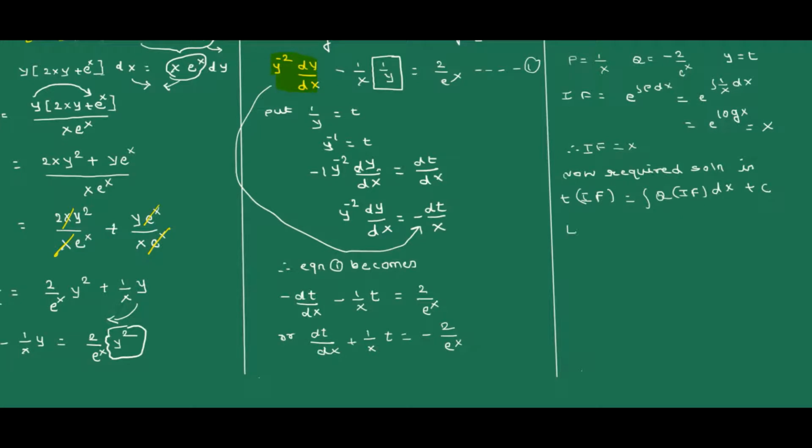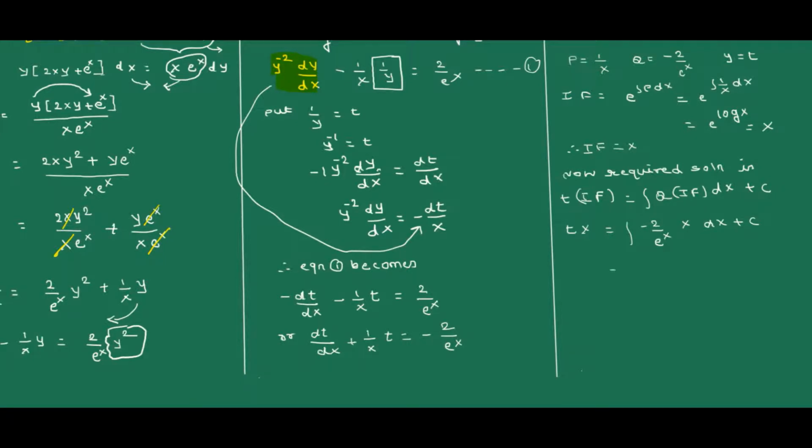That is t into integrating factor value x is equal to integration of, what is the q value? Q value is minus 2 divided by e raised to x, minus 2 divided by e raised to x into integrating factor value x into dx plus c.